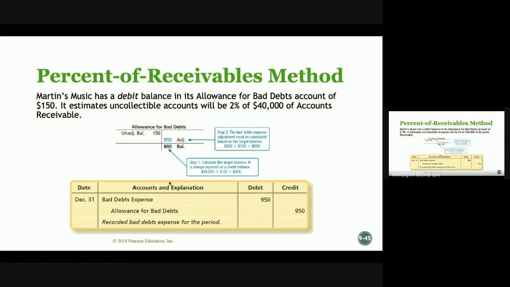In order to have a closing figure of 800, you must have an adjustment of 950.